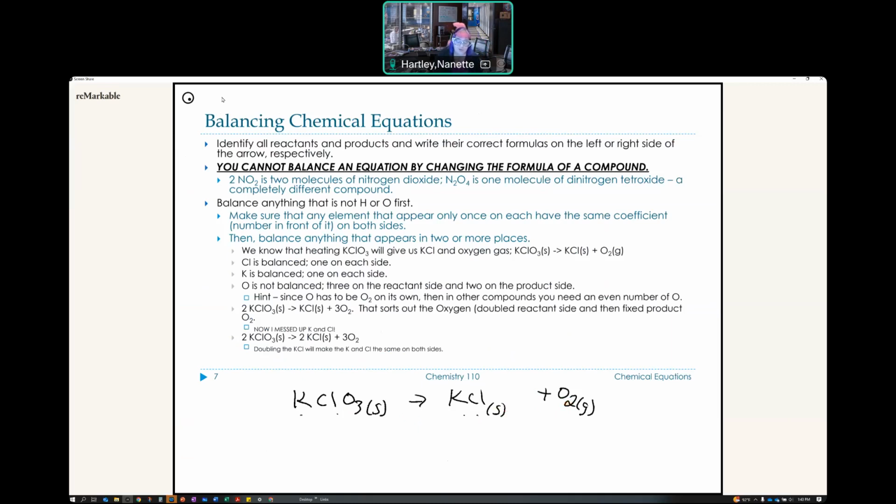And for me, it becomes very simple to say, oh, well, I have to change stuff, so let me go and do this, this, and this. And I can do it that way. But I can also do something else. K, I have Cl, and I have O. Right now I have 1 K on this side, I have 1 Cl on this side, and I have 3 oxygens on that side. I have 1 K on this side, I have 1 Cl on this side, and I have 2 oxygens on that side.